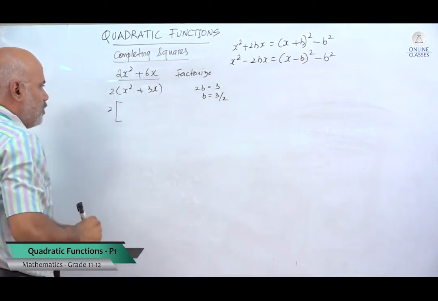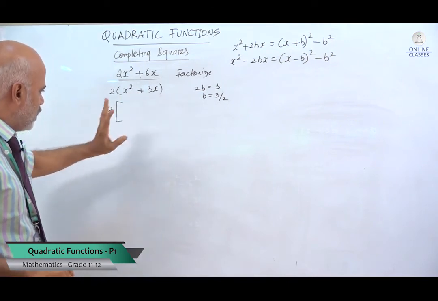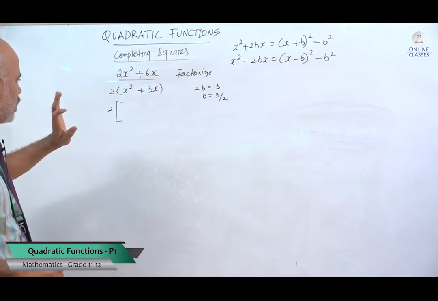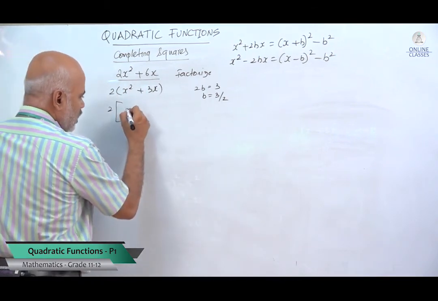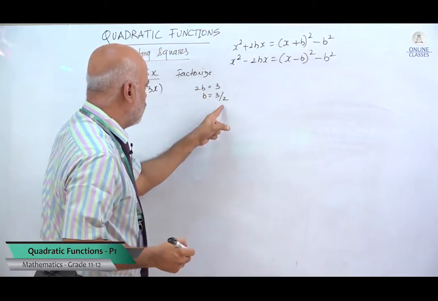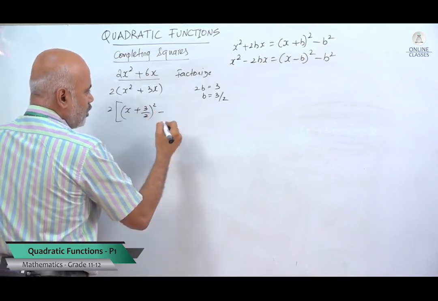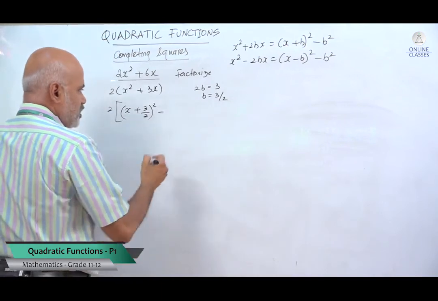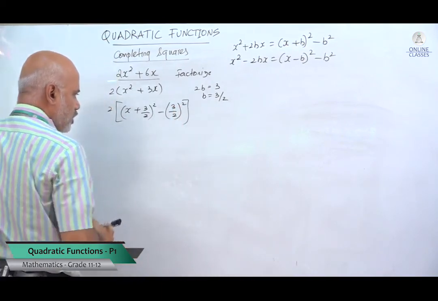So what happens? Previously I used only 1 bracket. In this step I am going to use 2 different brackets. First a square bracket I am putting up, and I am going to do the completing square for this, which is x plus, what is the value of b we got? 3 by 2. x plus 3 by 2 square minus b square, which is minus 3 by 2 whole square.